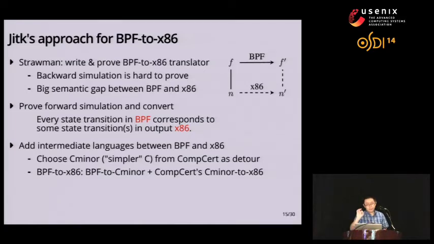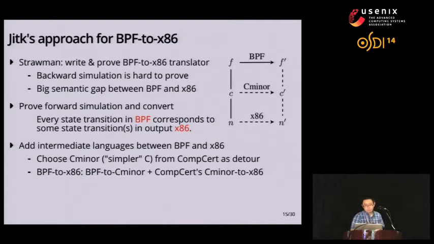Here we choose a language called Cminor, which is from CompCert. It's basically like a type-less C, a simpler version of C. We choose that as a detour. We prove BPF to Cminor, and then we combine it and reuse the existing infrastructure in CompCert, which proves Cminor to x86. Then we get this nice property of correctness of BPF to x86.